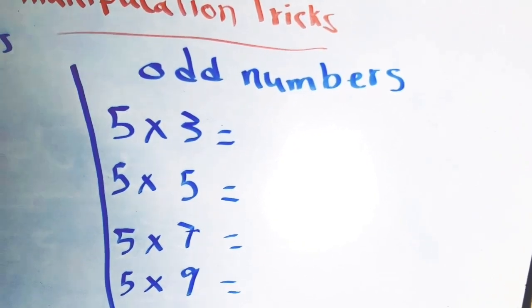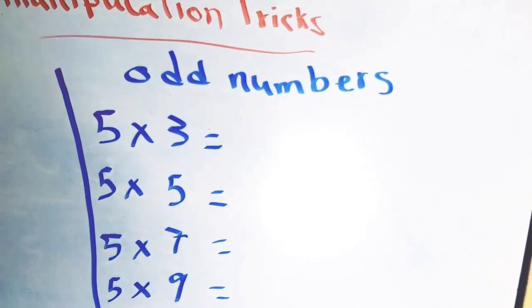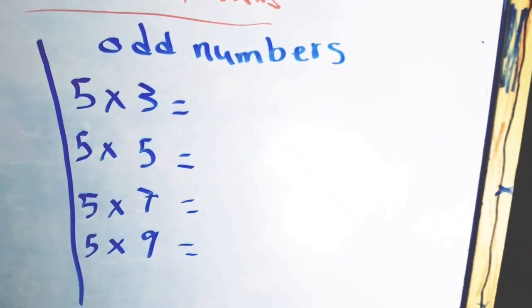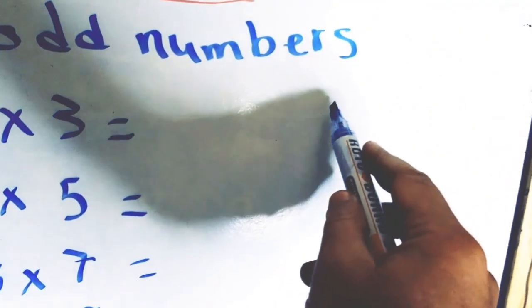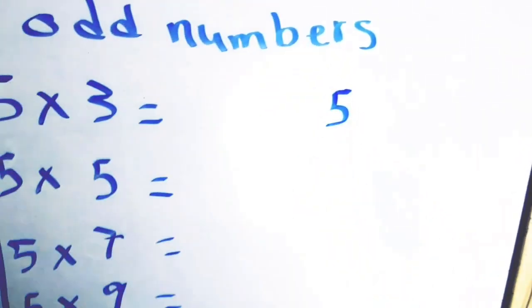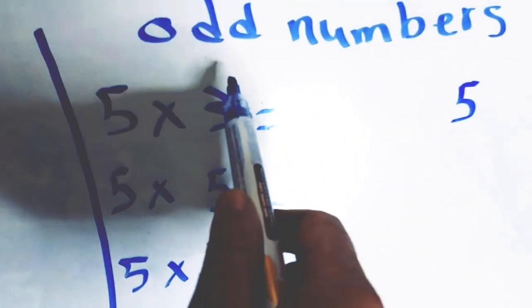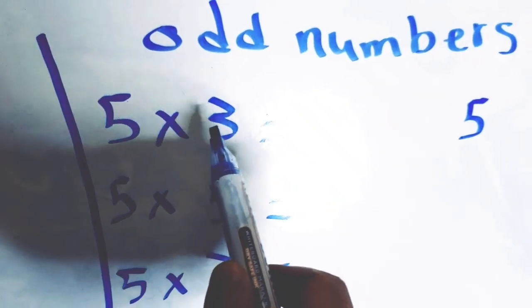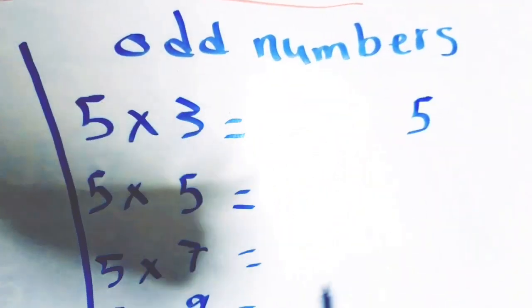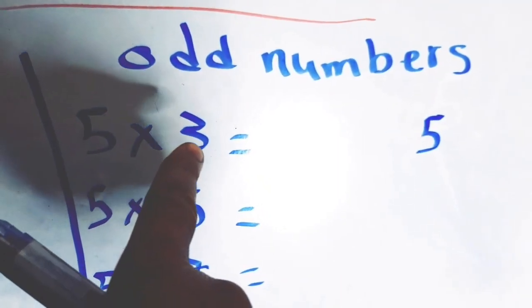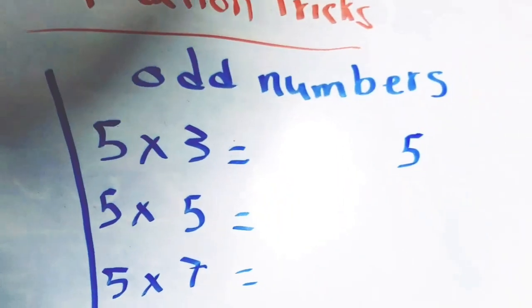When we multiply 5 by any odd number, we must put 5 at the units place. What then? Then we subtract 1 from the odd number we are multiplying by 5. So 3 minus 1 equals 2.